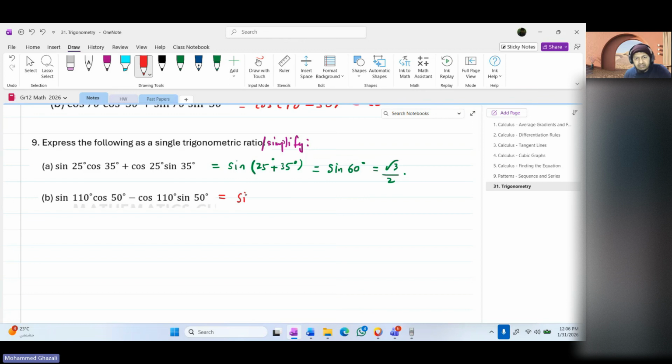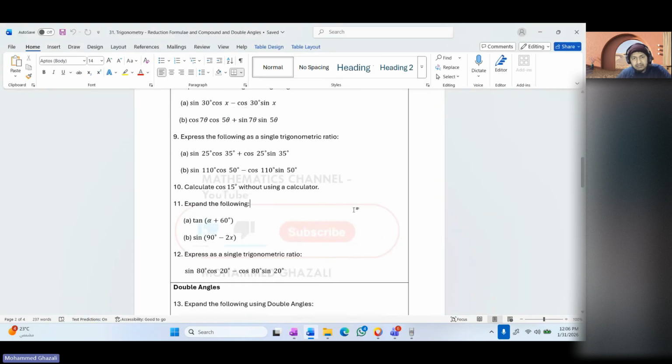It has to be sine. All right. So sine of 110 minus 50. So that also works out to be sine 60, which is great. Sine of 60 is again root 3 over 2. Right, so we just wrote it in two different forms. Right, good stuff.